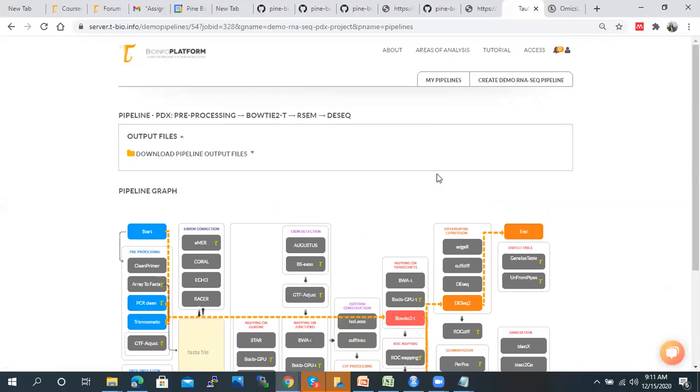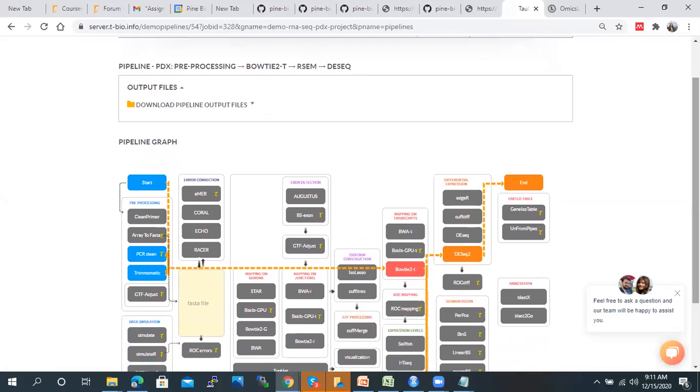So how many of you were able to run this pipeline? We are running almost the same RNA-seq pipeline, only this time we are also considering a step for the differential gene expression analysis. How many of you were able to complete this pipeline?